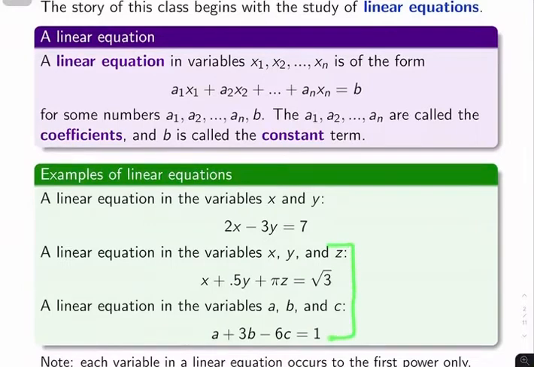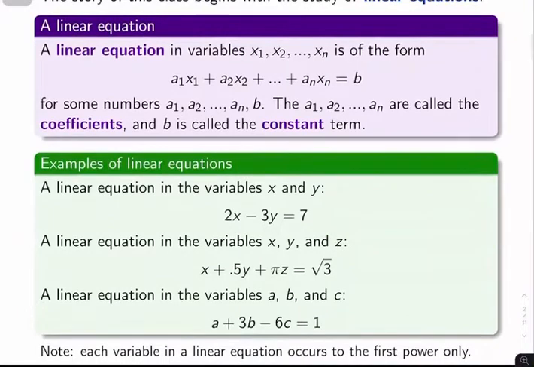Later, we will see that these represent planes in three dimensions. One thing to note is that each variable in a linear equation occurs to the first power only. So for example, something like a squared plus 3b equals 1 would be an equation, but this is not a linear equation.